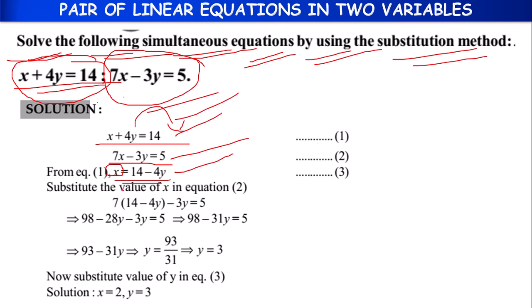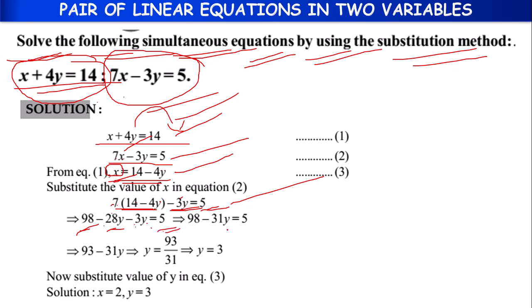Let's substitute it in the second equation. In the place of x, 7 into 14 minus 4y minus 3y equal to 5. 7 into 14, 98. 7 into 4, 28. Minus 3y equal to 5.